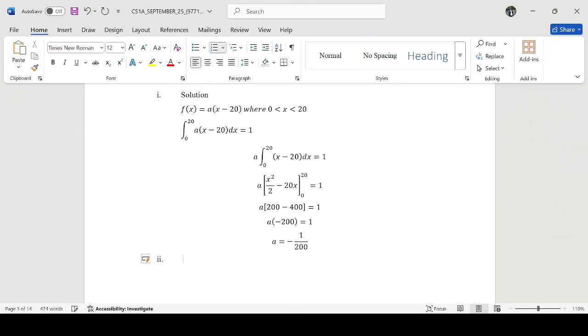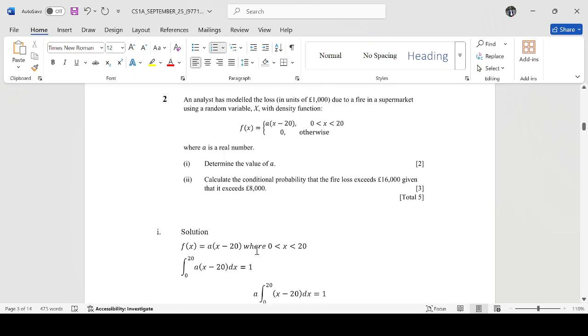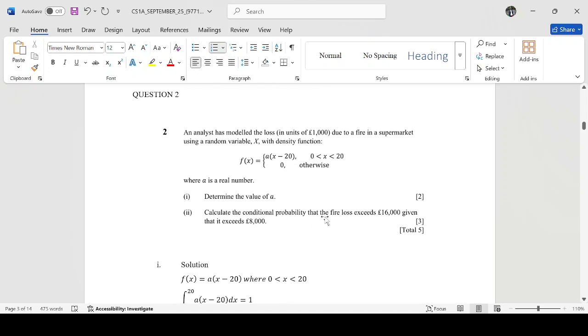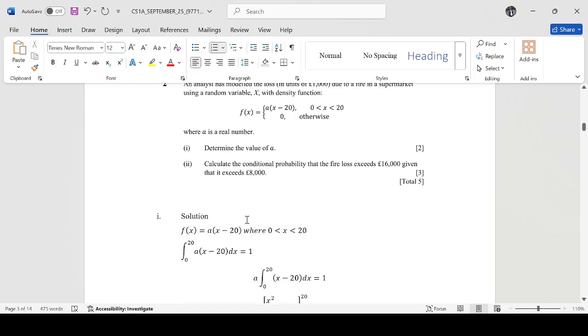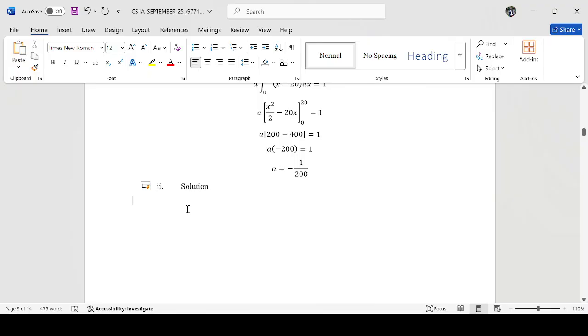So Roman 2. We go to solution here. Remember that question 2 was saying calculate the conditional probability that the fire loss exceeds 16,000, given that it has already exceeded 8,000. What you need to apply here is something we call the memoryless property.